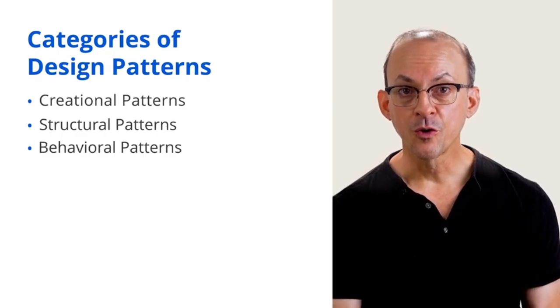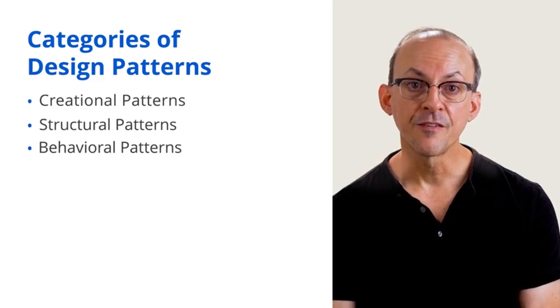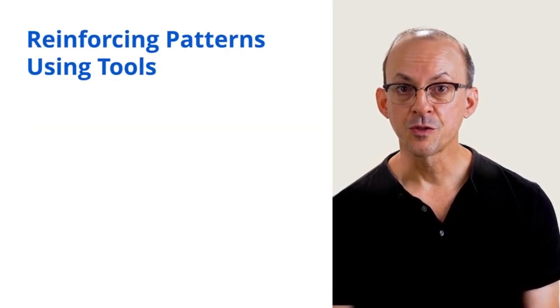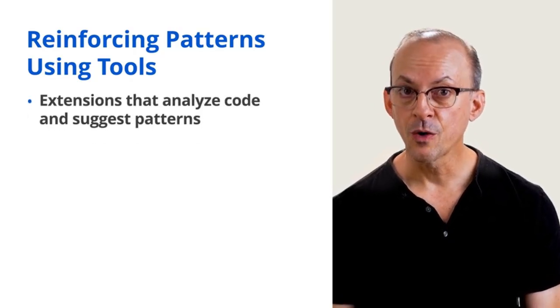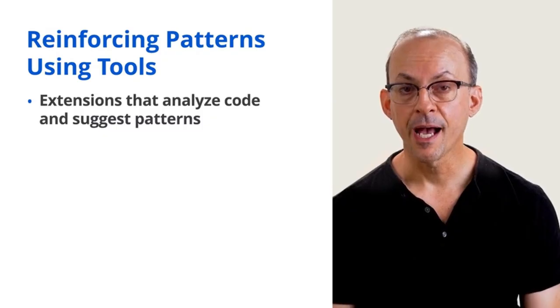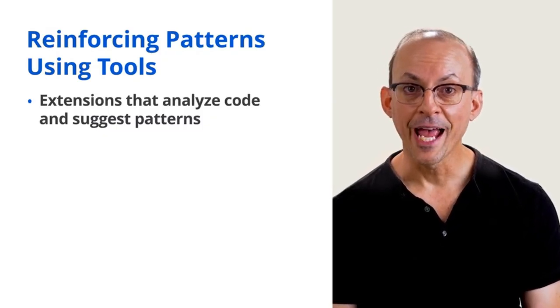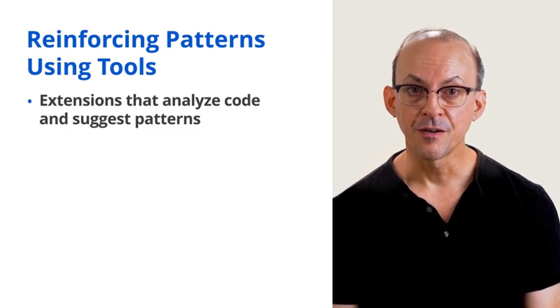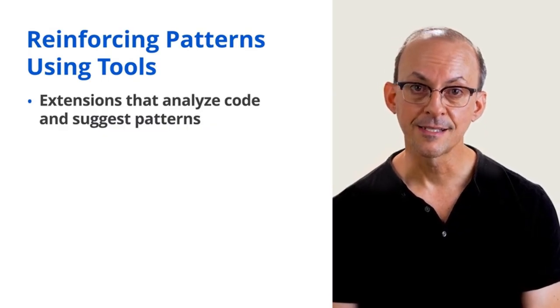But developers might ignore patterns, so engineers have created tools to help software developers follow and enforce design patterns. Modern software development tools like Visual Studio Code are equipped with extensions that assist developers in writing code that aligns with established design patterns. For example, some extensions can analyze your code as you write and suggest refactorings that align with common patterns, such as converting repetitive code blocks into reusable functions or classes.